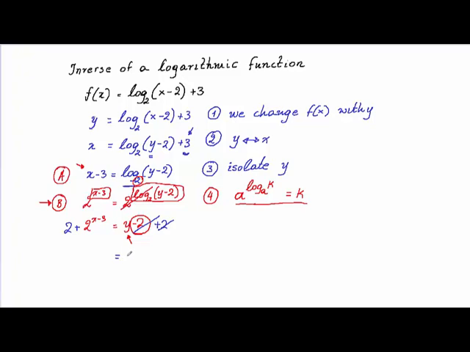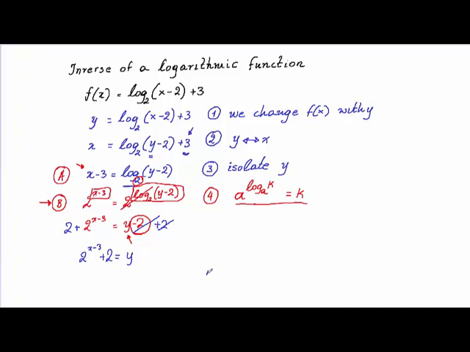So we can see that y now is by itself on the right side of the equation, while on the left side of the equation I have 2 to the x minus 3 plus 2. So this is the y. This is equal to 2 to the x minus 3 plus 2.